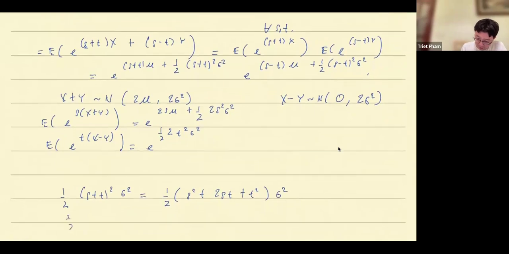And then 1/2 (s minus t) squared sigma squared is 1/2 (s squared minus 2st plus t squared) times sigma squared.